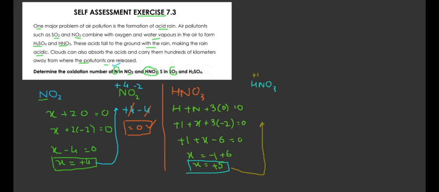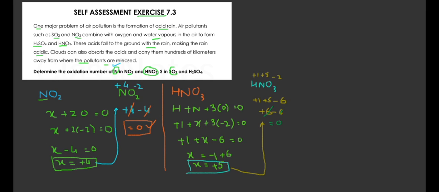So you can write +5 in place of nitrogen, and for oxygen the oxidation state is -2. So +1 and +5, and once you multiply 3 with -2, you will get -6. So +1 plus 5, you will get +6, and on the other side for oxygen it is -6. So once you cancel them, the algebraic sum will be equal to 0.